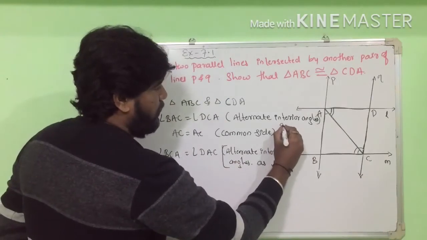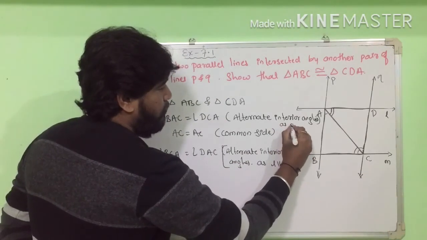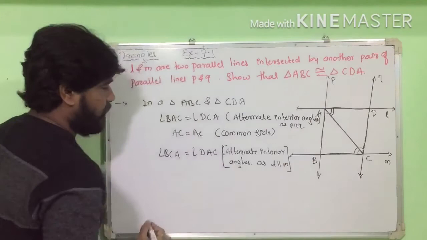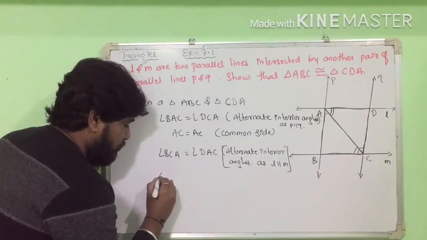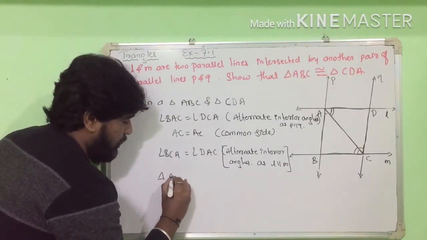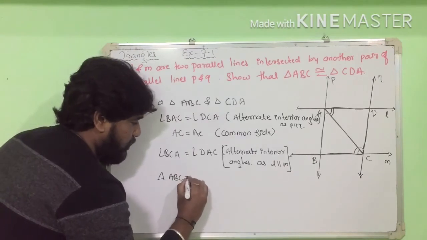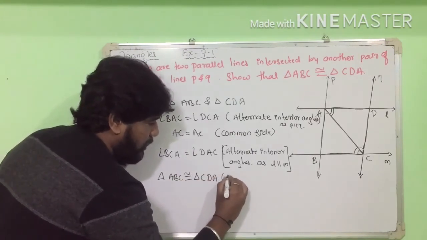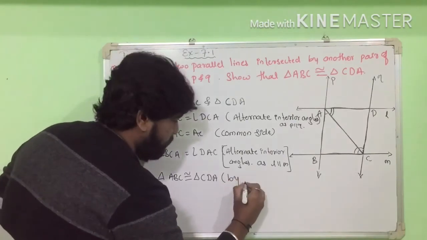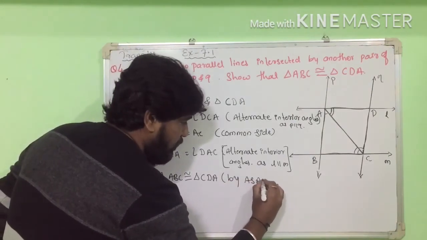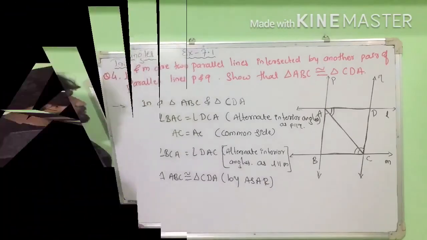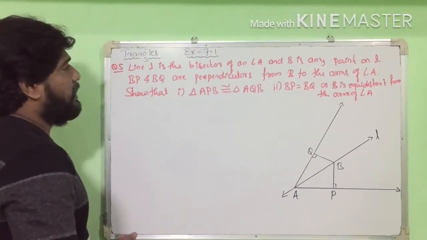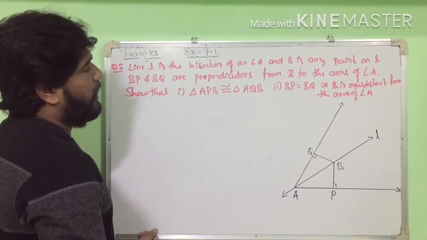Here also we can write P parallel to Q. So now the triangle ABC is congruent to the triangle CDA by ASA rule.